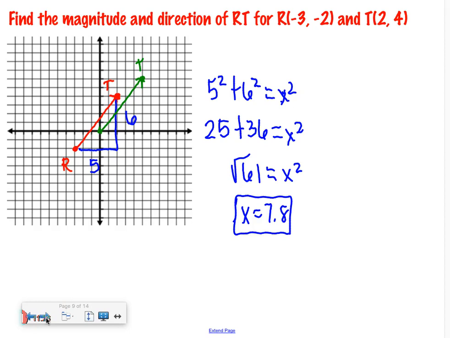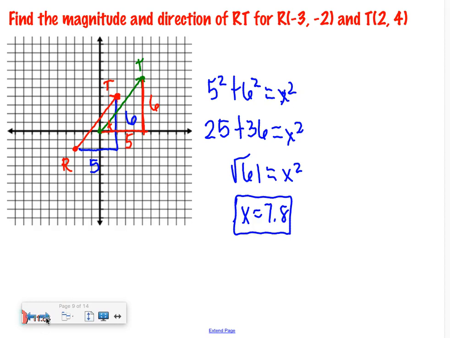Okay, now I'm going to redraw in our right triangle here. Here's 6, here's 5. And now we need to find the angle that it makes with the x-axis right here. So that's just trig, right, guys?